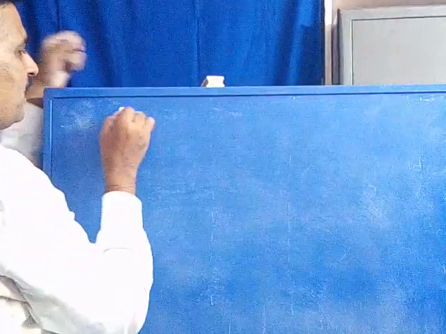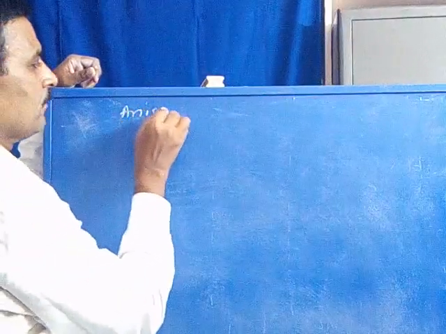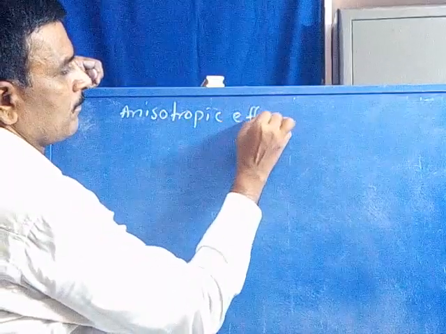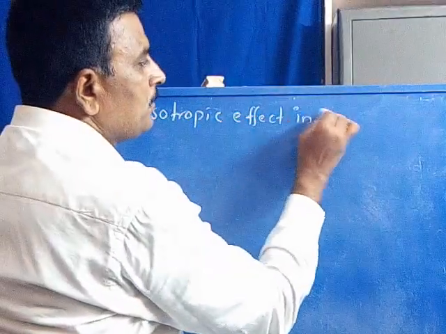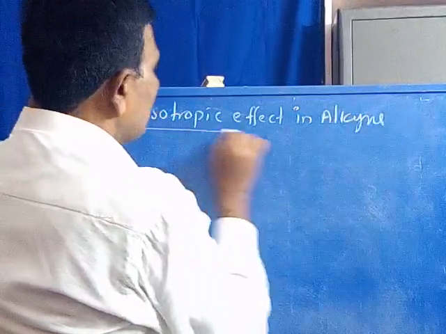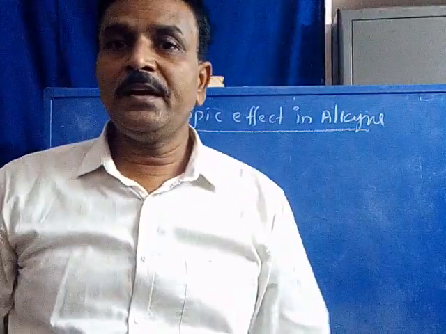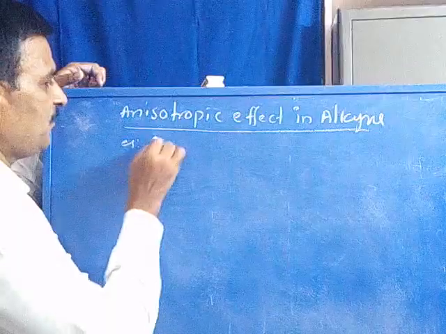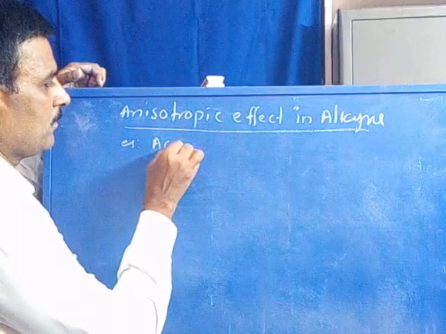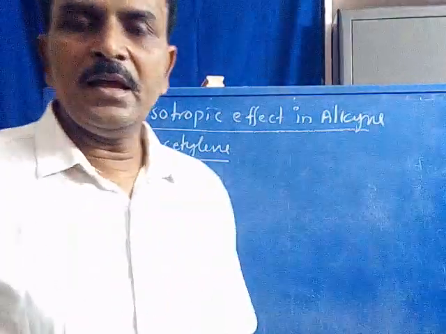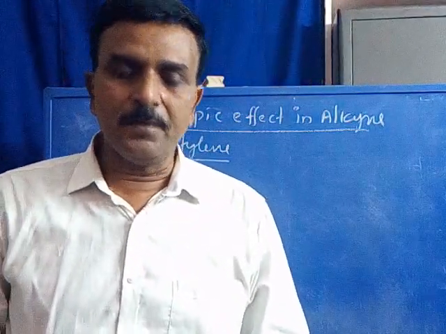Now, the anisotropic effect in alkyne. Let us take one example, say acetylene, as the example for alkyne study.